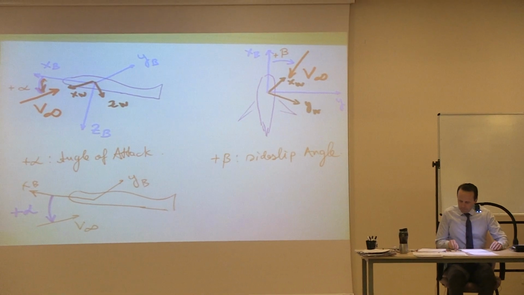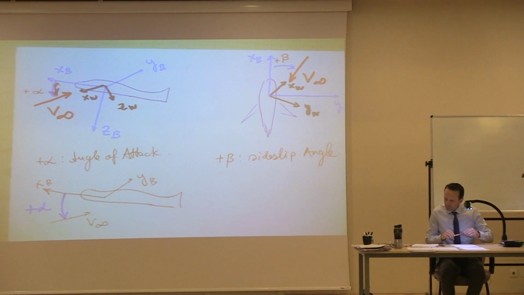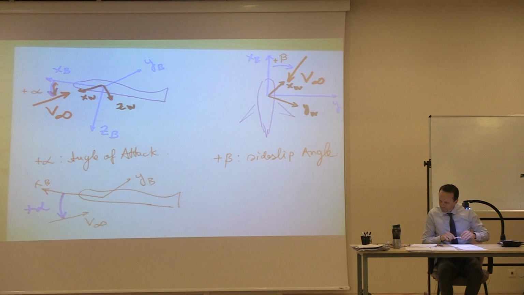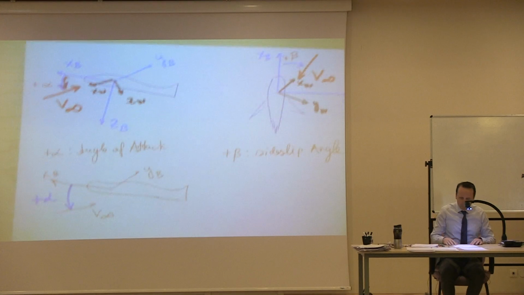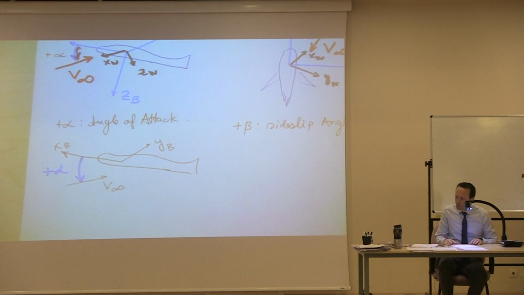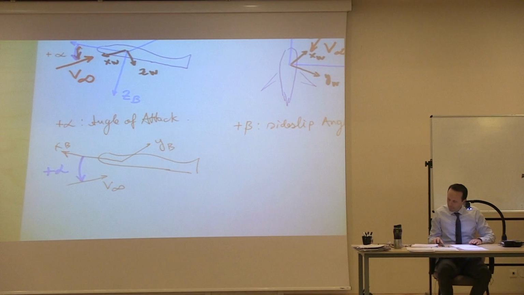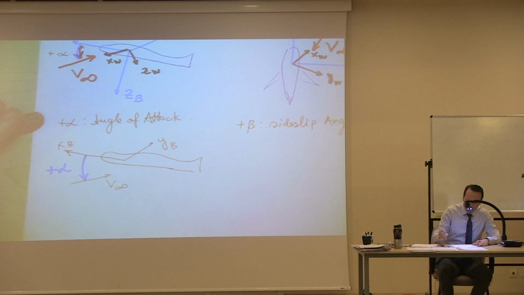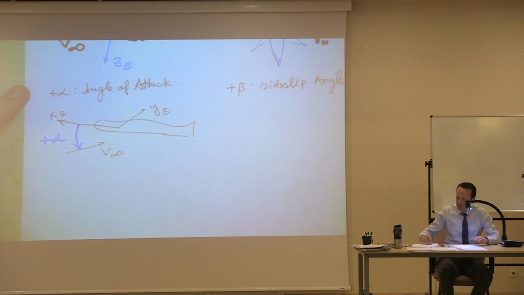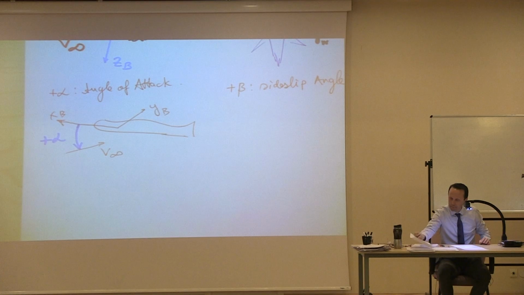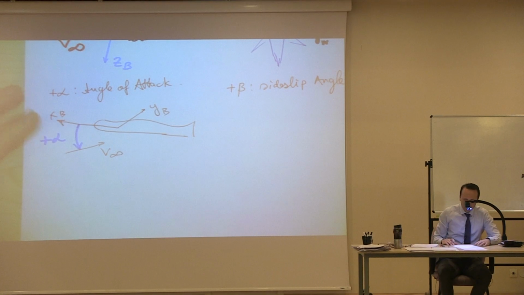Okay, so what else? What else? Good. Why is this rotation so important? Well, it is important because it gives us a clean definition of angle of attack and of side slip.